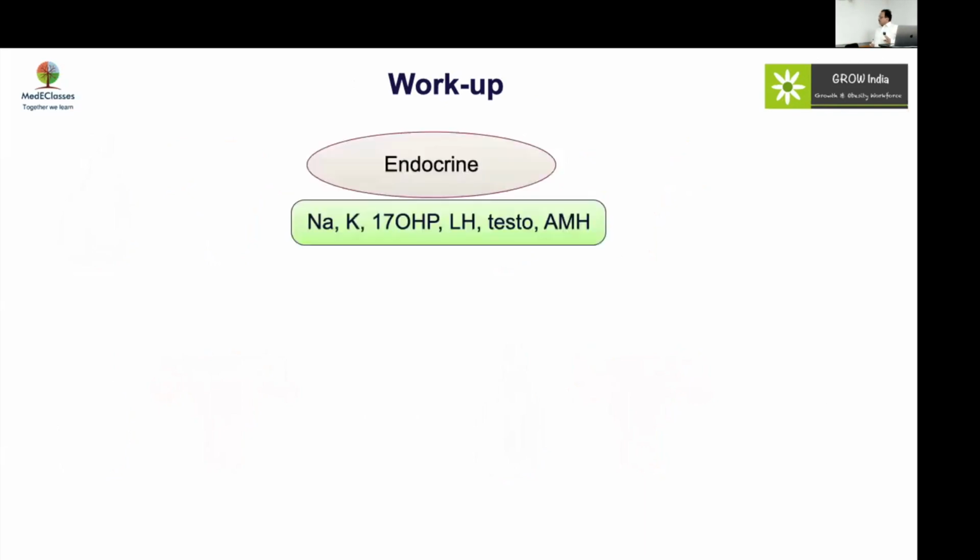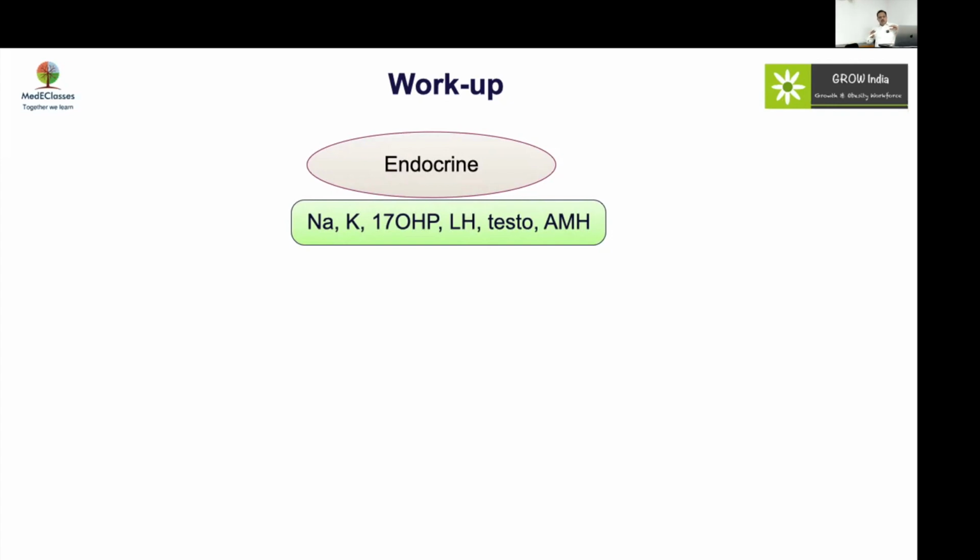The workup will include the basic hormone tests, particularly electrolytes and 17-OHP, especially if you have a non-palpable gonad. A non-palpable gonad with atypical genitalia is CAH unless proved otherwise. If you have a palpable gonad, then LH, testosterone, and AMH become important.